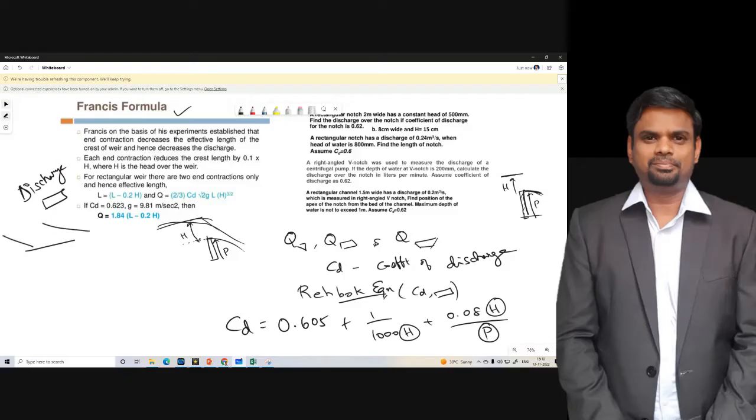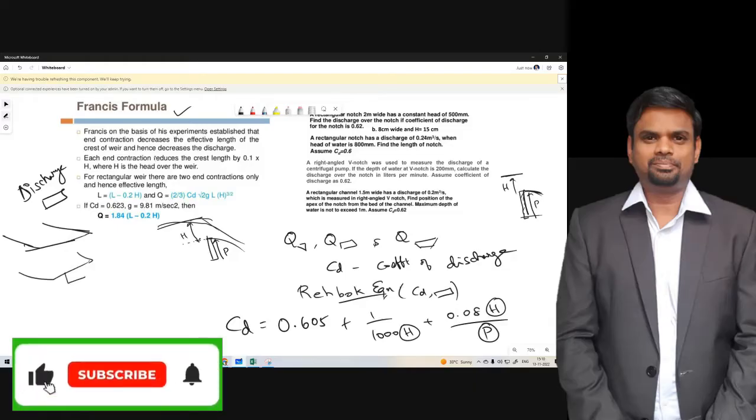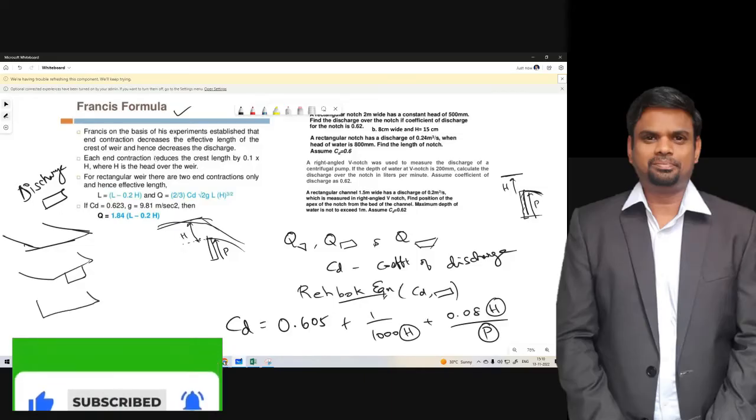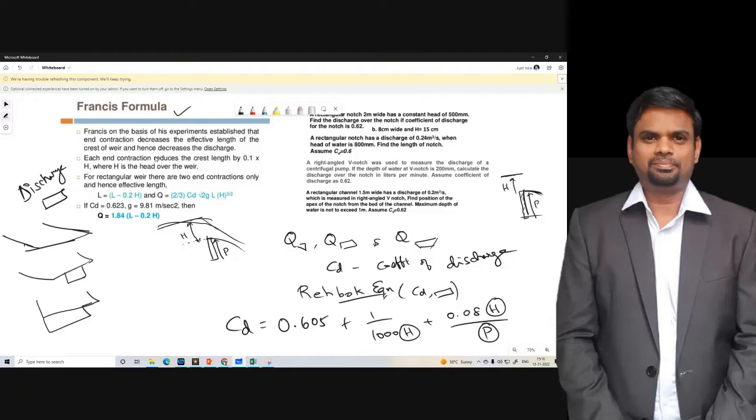So this is the cross-section area of the fluid flow. Now when you introduce an opening like this, that is one way. Another type is where one side has contraction and the other side has contraction too. Here it is submerged. So we have n equal to 0, n equal to 2, and n equal to 1. N is the number of contractions.